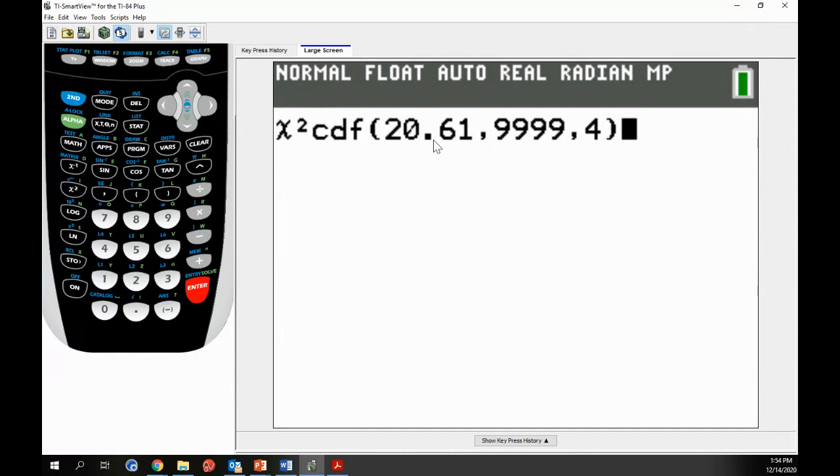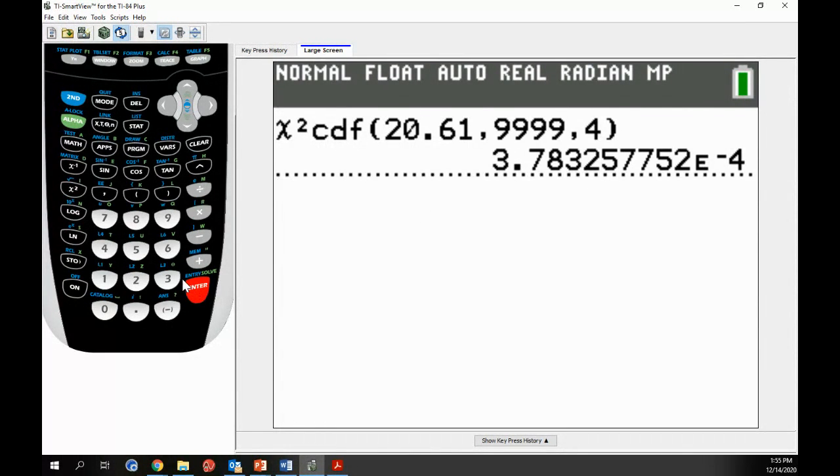Now, if you have to type it in by hand, it would look like this. So this would come up, and then you would have to type this in. So lower, upper, degrees of freedom. Hit enter. And it gives us that e to the -4, which means we've got to move our decimal place over 1, 2, 3, 4 times.